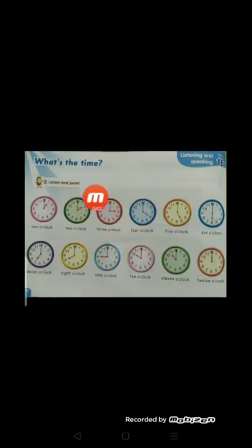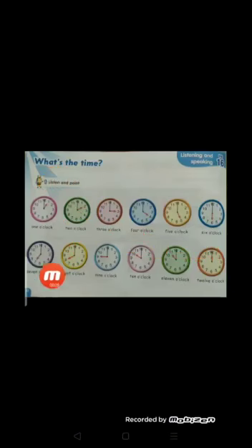What's the time? It's 1 o'clock. What's the time? It's 2 o'clock. What's the time? It's 3 o'clock. What's the time? It's 4 o'clock. What's the time? It's 5 o'clock. What's the time? It's 6 o'clock.